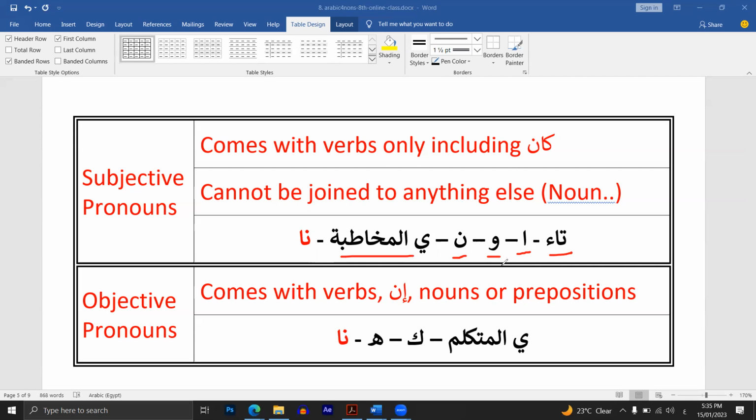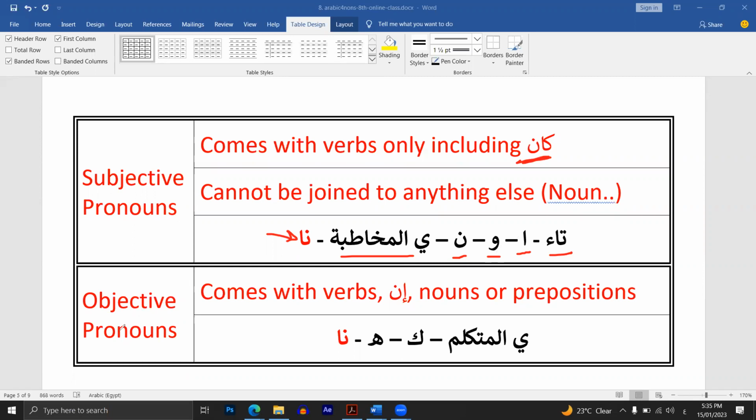First of all, they will only join verbs, including كان. So there is no way you can see them connected to a noun, a preposition, or inna. Okay. And once you see them connected to a verb, automatically they will be the subject of this verb. And also na. I put it alone because na is a multi-pronoun. It can join anything, verb, noun, preposition.